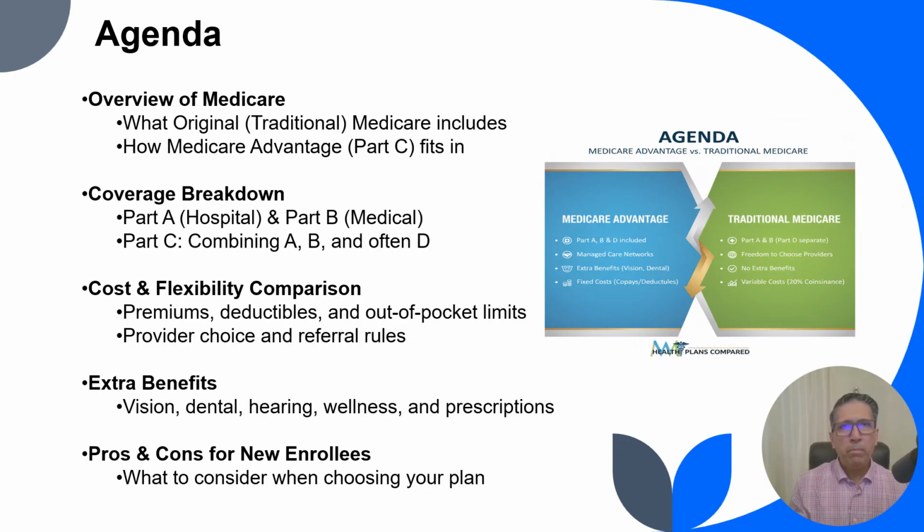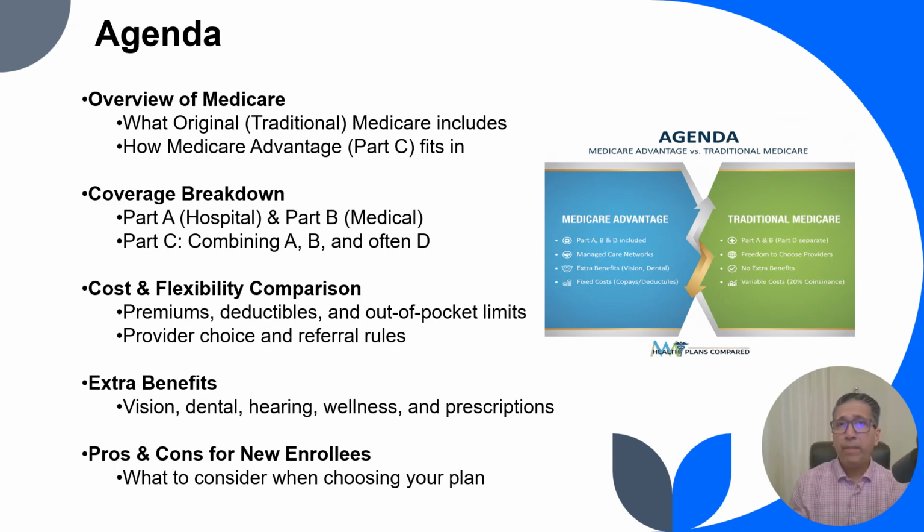So, where does Medicare Advantage fit in then? Well, Medicare Advantage is offered by private insurance companies approved by Medicare. So, the Centers for Medicare and Medicaid Services has to approve that private company to offer Medicare Advantage.